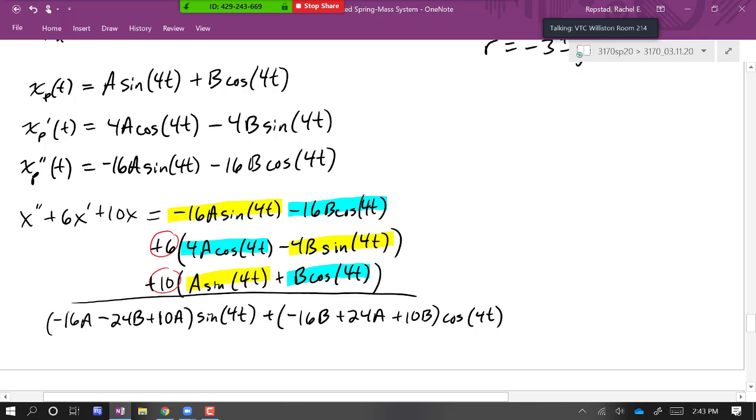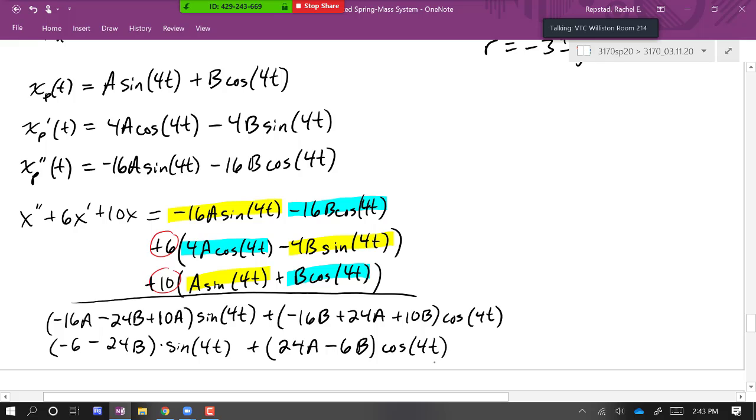Let's combine like terms in the coefficients. So we've got negative 6 minus 24b times sine 4t. And then for the cosine coefficient, we'll have 24a minus 6b.